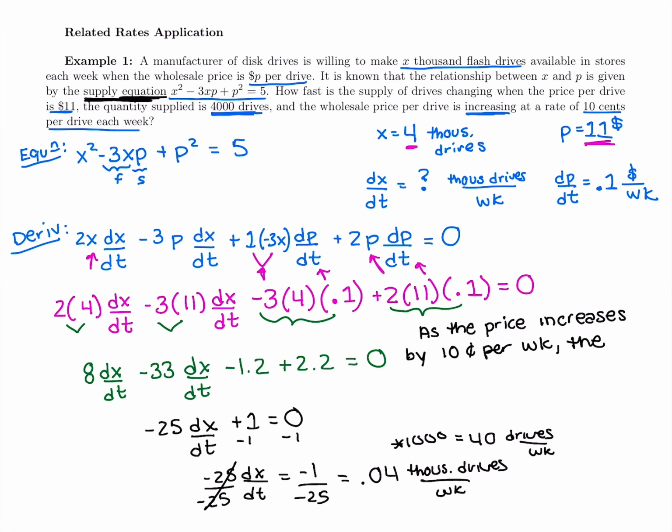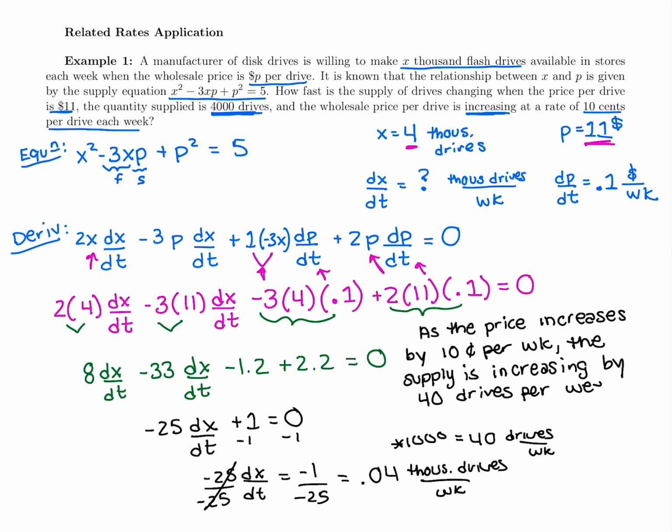It's called the supply equation up here. The supply is doing what? Is it increasing or decreasing if we got a positive 40 as our answer? It's increasing. The supply is increasing by 40 drives per week.